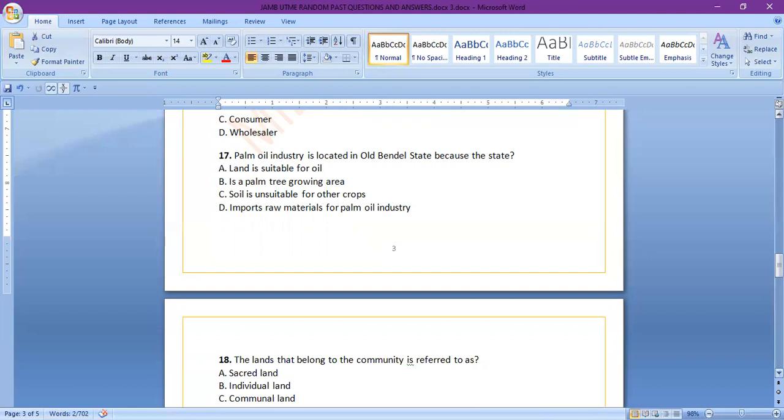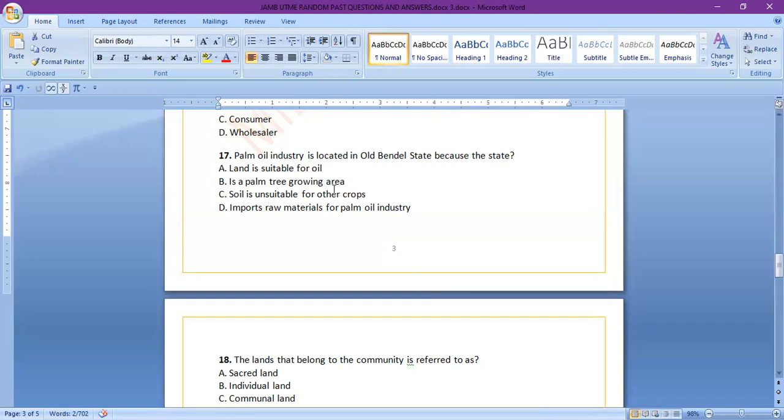And the reason why they are known for the palm oil industry is what? Present-day Delta and Edo State are both palm tree growing areas. So it's more like the availability of raw material. That's why the palm industry was thriving in the old Bendel State, the current Delta and Edo State.